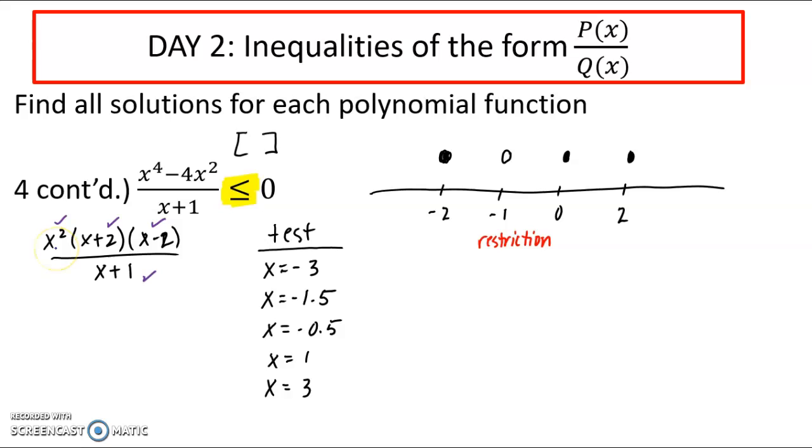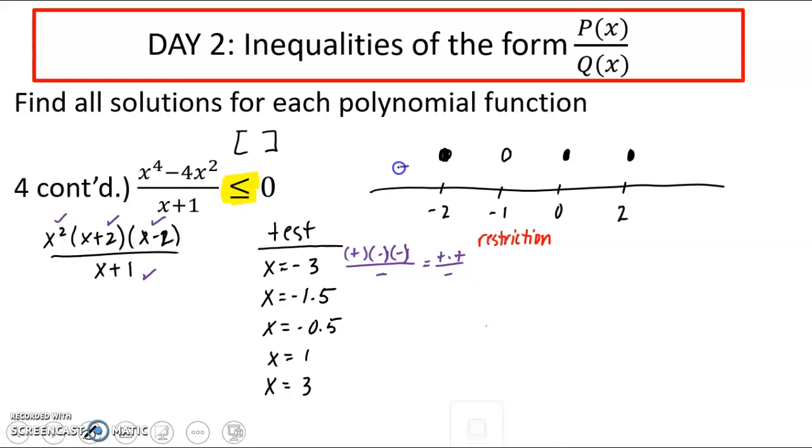All right, so a negative 3 squared, that'll give me a positive. Negative 3 plus 2 is a negative. Negative 3 minus 2 is also a negative, divided by negative 3 plus 1 is a negative value. So this would become a positive times a positive divided by a negative. So all my values smaller than negative 2 are going to give me negative outputs.